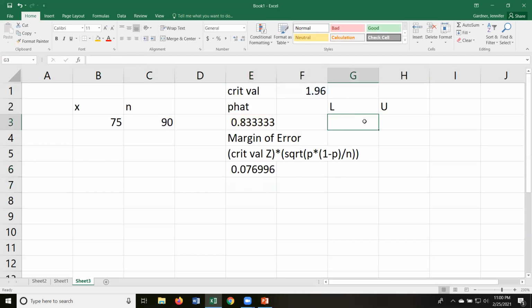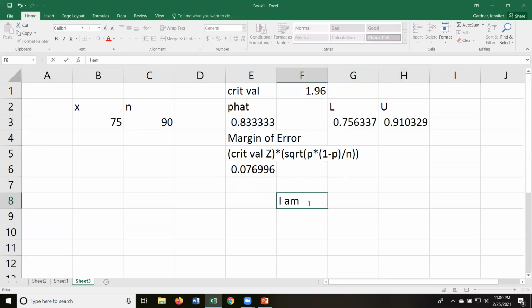So our full confidence interval is going to equal p hat minus that number and p hat plus this number. So I am 95% confident that the true proportion of people who drink water is between 0.75 and 0.91, 0.76 for rounding.